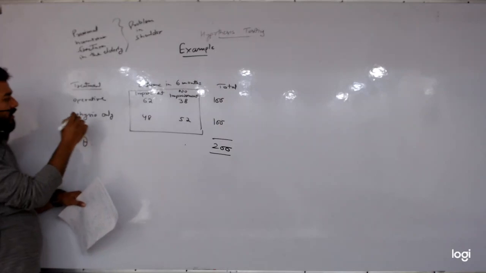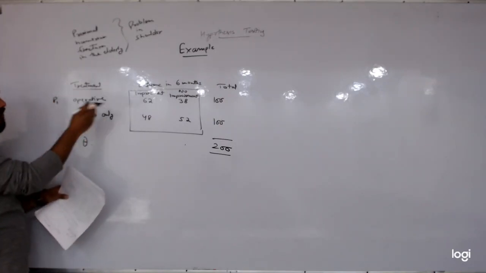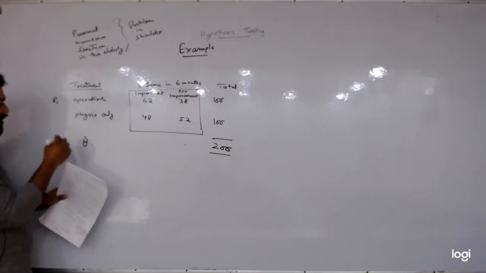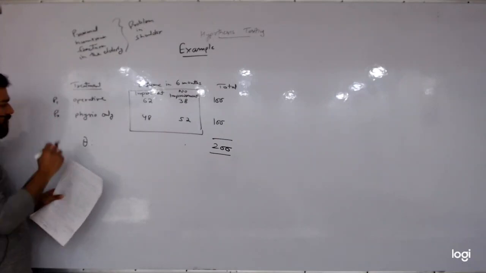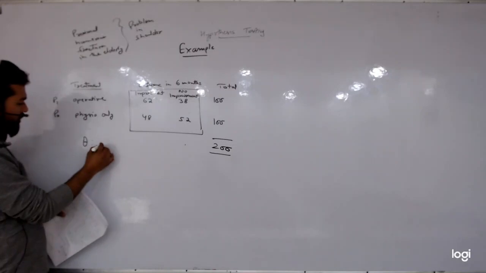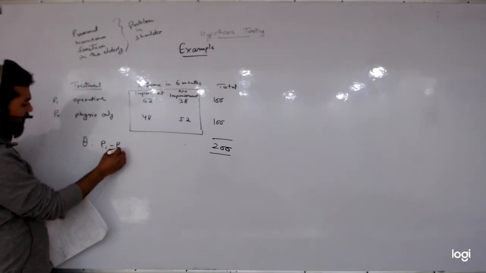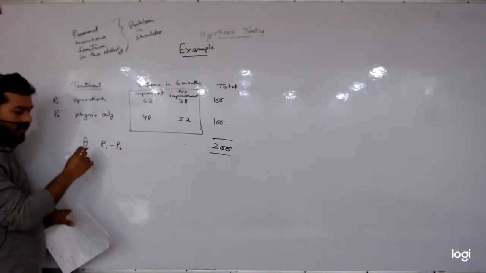Let's say P sub 1 is the proportion of patients which showed improvement when they went through operative procedure, and P naught for physio only procedure. So theta would be then P1 minus P naught.